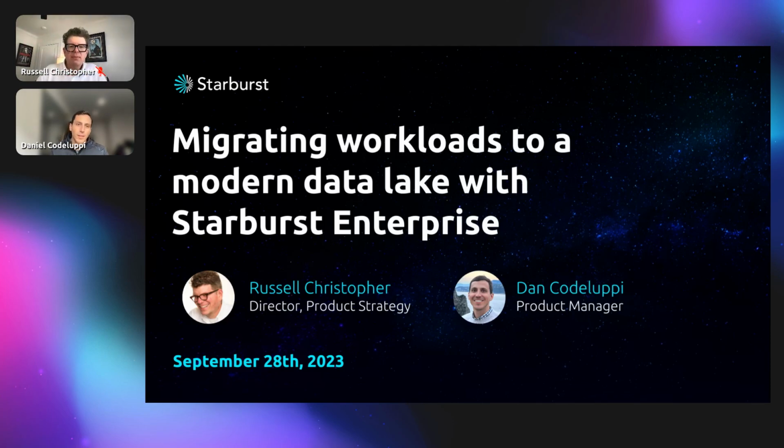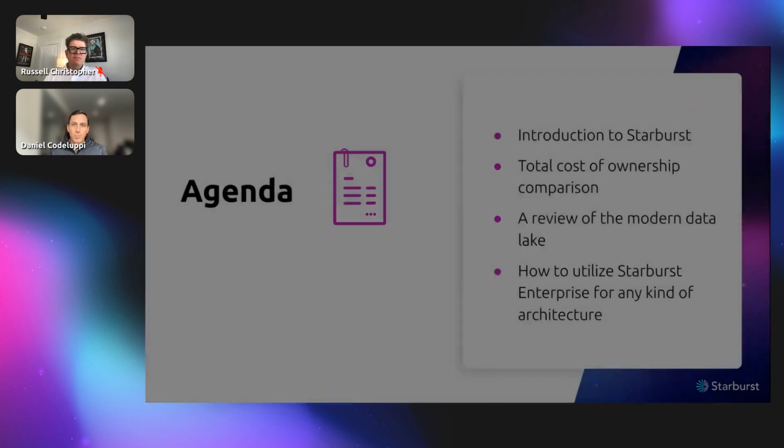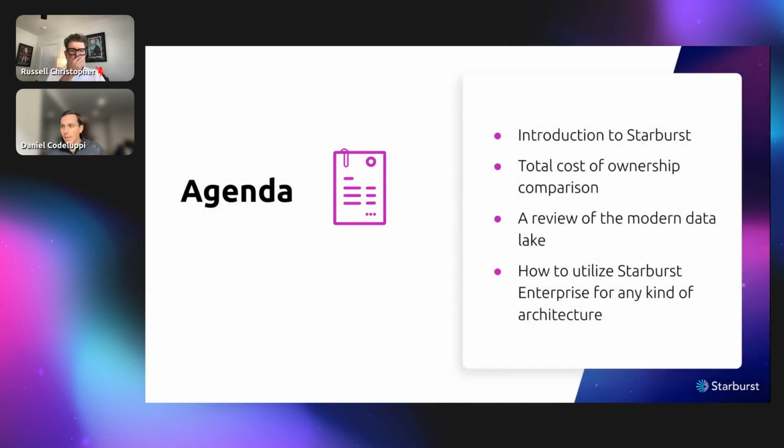Thanks, Russell. All right, so let's talk about what we're going to cover today. First of all, we want to give a brief overview of Starburst. From there, we want to share some of the findings from the GigaOM analysis comparing Starburst to Snowflake in terms of total cost of ownership.